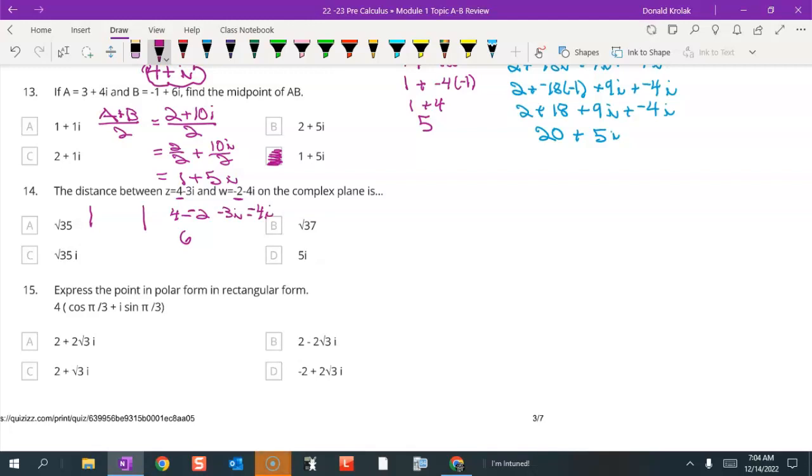All right, negative 3 plus 4, and that would be i. Okay, so that's what this is. And all I did there was z minus w. Now I'm going to do the modulus of that, which is going to be 6 squared plus 1 squared, which is 36 plus 1, which is root 37.